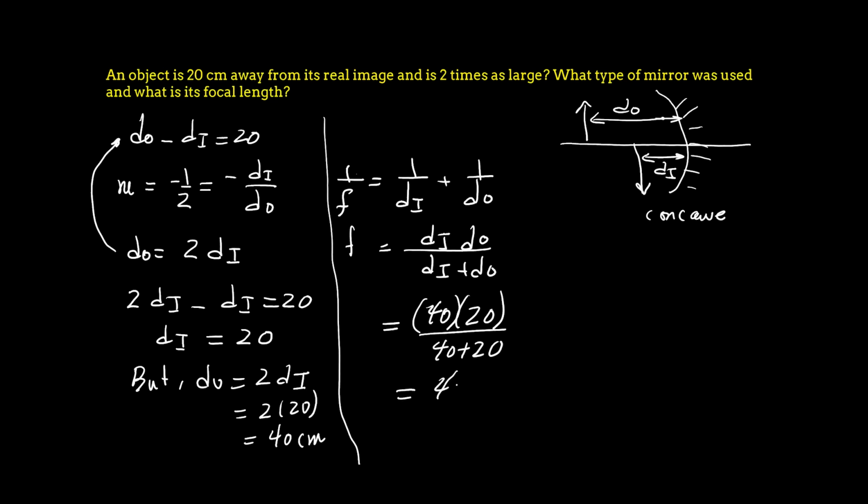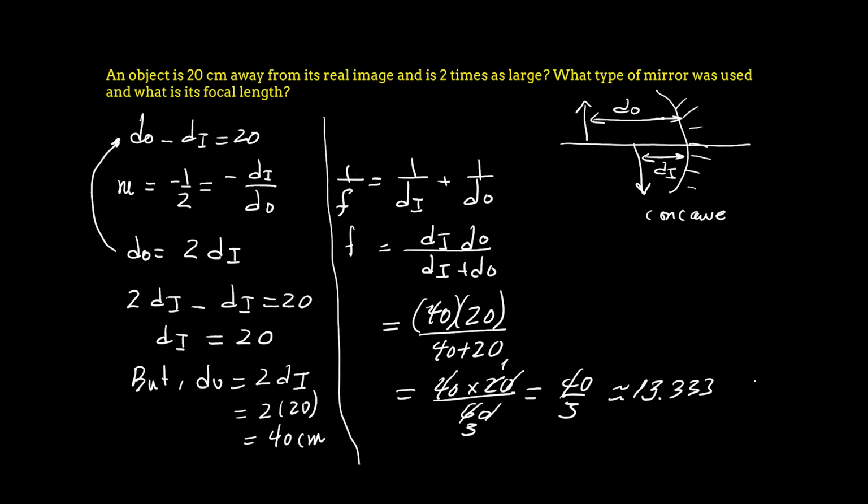So it would be 40 times 20 over 60. This cancels out, and then here gives me a 3 and a 1, which is 40 over 3, which is roughly 13.333, and so on. Okay?